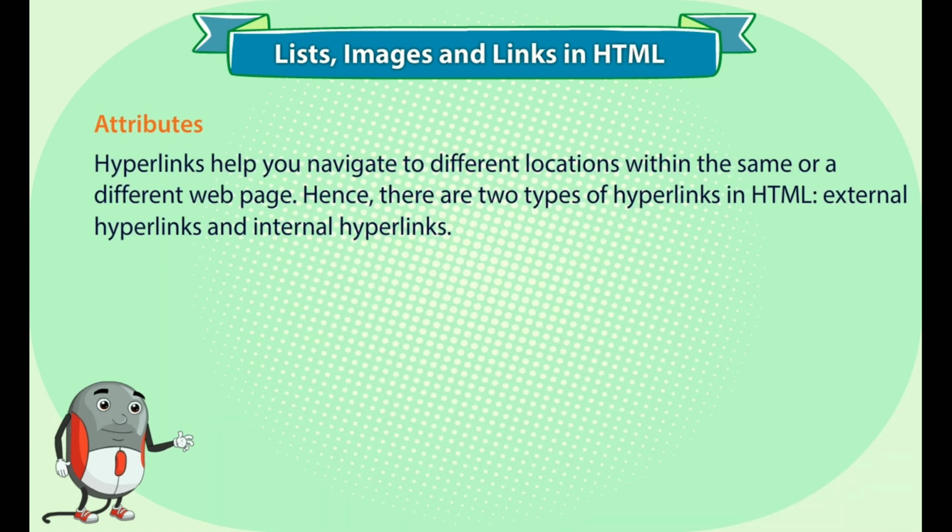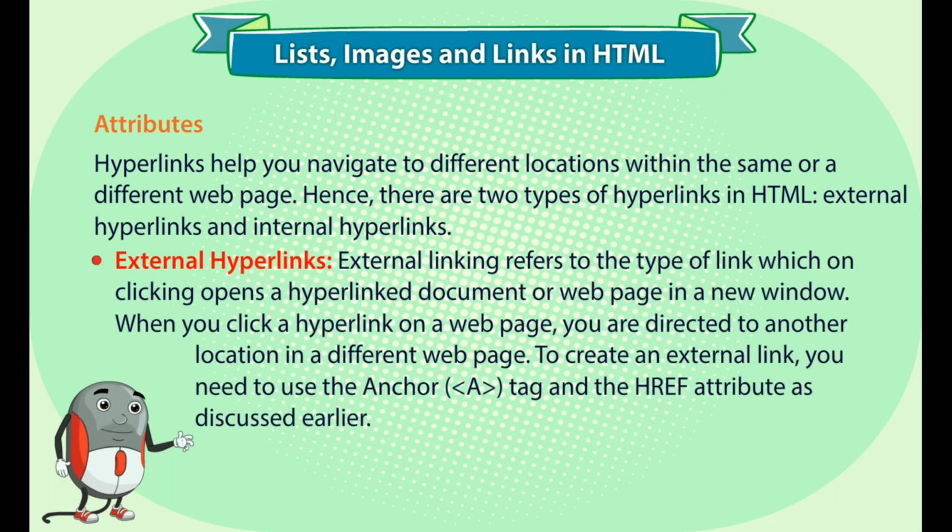Hyperlinks help you navigate to different locations within the same or a different web page. Hence, there are two types of hyperlinks in HTML: external hyperlinks and internal hyperlinks. External hyperlinks. External linking refers to the type of link which, on clicking, opens a hyperlinked document or web page in a new window.